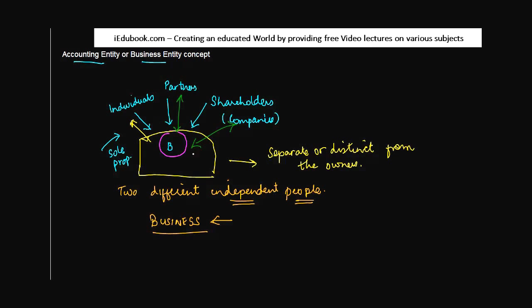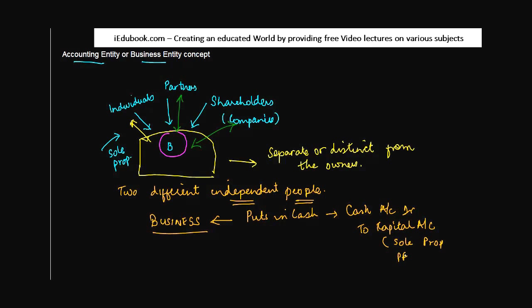So let's say, for example, if the stakeholders or the owner puts in cash, right? This is normally passed in the books of accounts as if you are receiving cash, so you debit your cash account, and you will learn the reason why cash is debited to capital account. This capital account can be there of a sole proprietor.